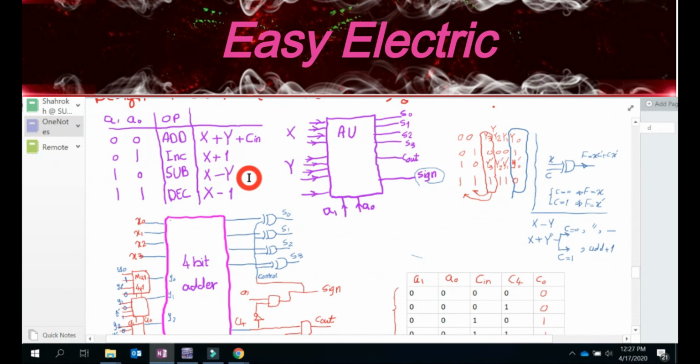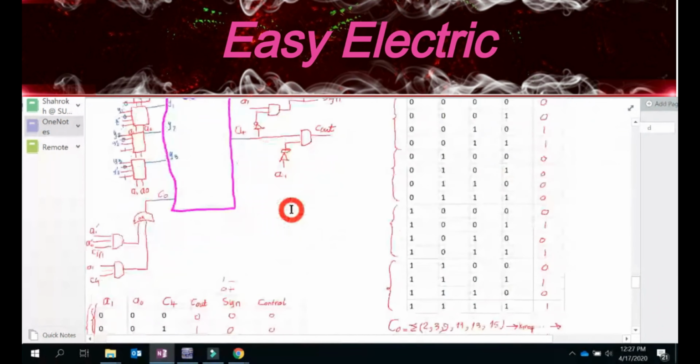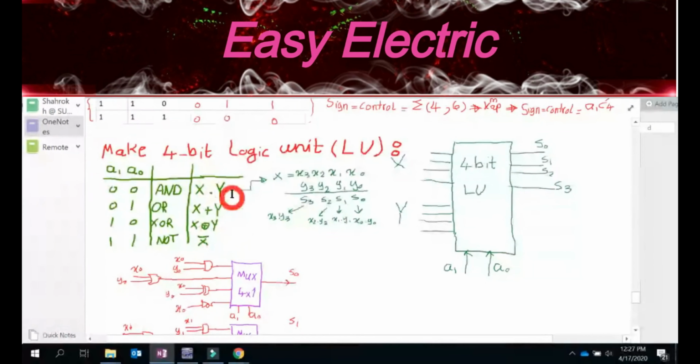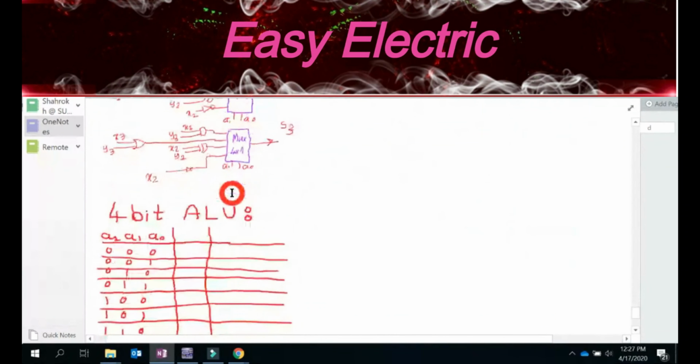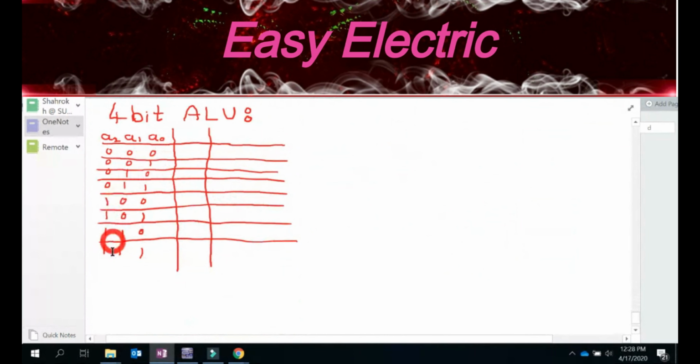You have 4 operations for the arithmetic unit and 4 operations for the logic unit. So the ALU should have 8 different cases: 4 for the arithmetic, 4 for the logic unit. So in total it is 8.